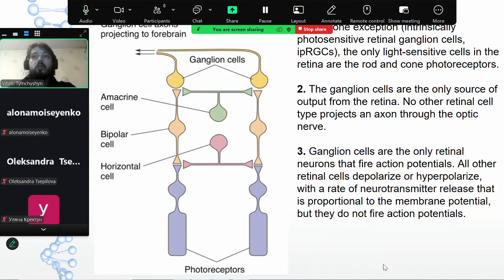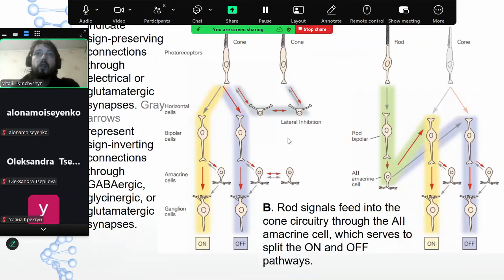All other retinal cells may depolarize, they may hyperpolarize, they may change some rate of neurotransmitter release, that's okay, but they do not fire any action potentials. So that's one more point to notice. And now we will consider in some more detail how this structure works and where it leads us.